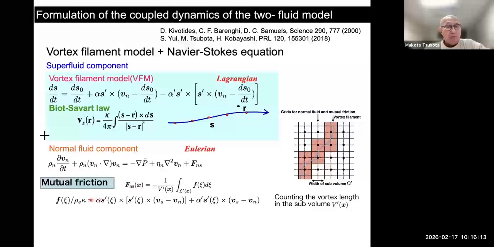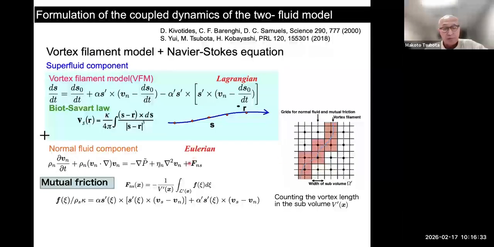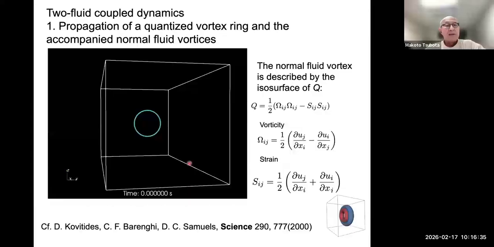But we know the mutual friction per unit length. So we count the vortex length in such sub-volumes and obtain a coarse-grained mutual friction. And we use such coarse-grained mutual friction in the Navier-Stokes equation, something like that.